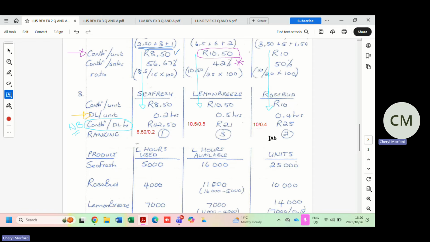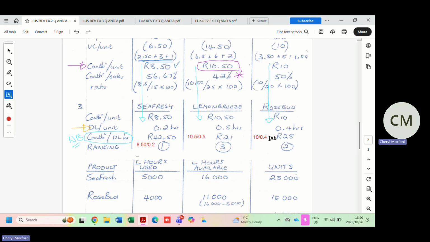So we're now going to look at 42.50, 21, and 25, and put them in order of most profitable to least profitable. So Sea Fresh comes in position 1, followed by Rosebud, and lastly, Lemon Breeze. Do you see how the situation has changed?